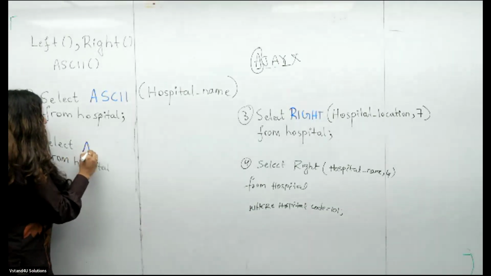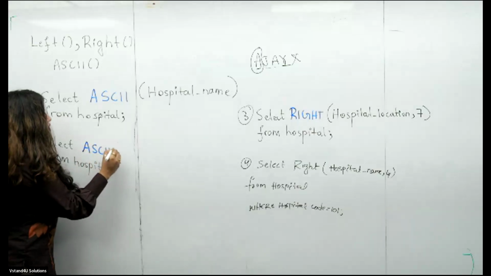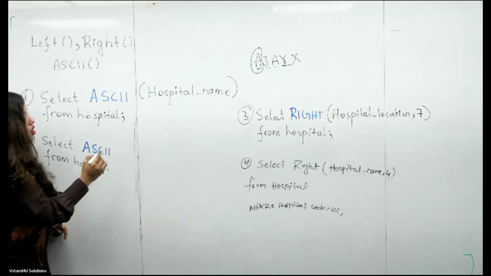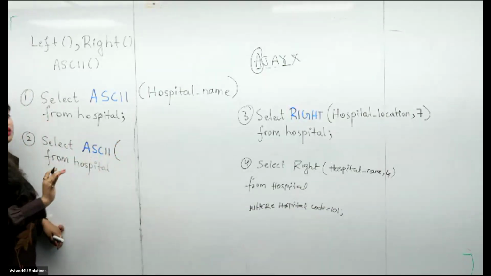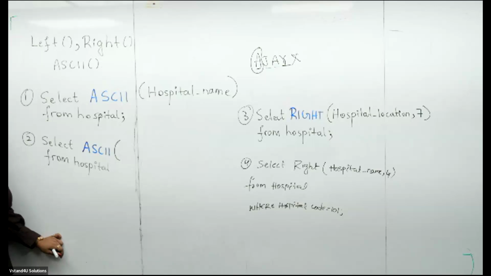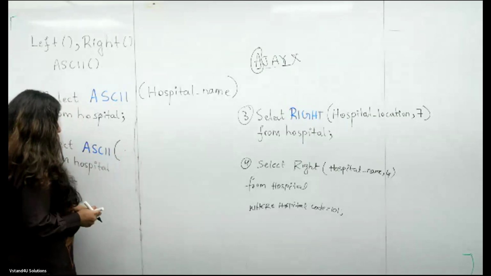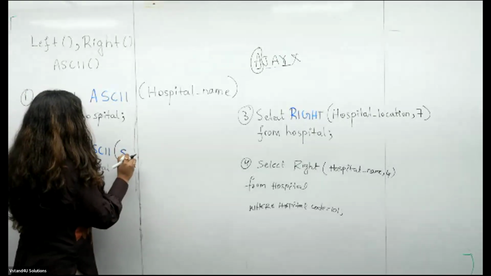Now, if I have to get the second character, obviously it is not possible from the ASCII function. So can I use the substring method? So how will you write it? SUBSTR.